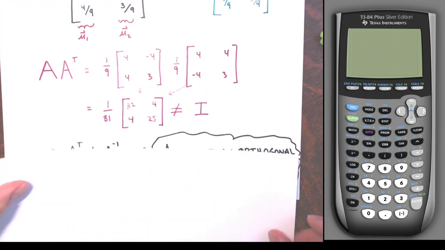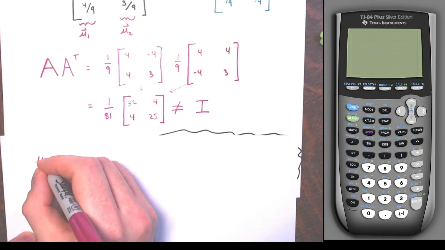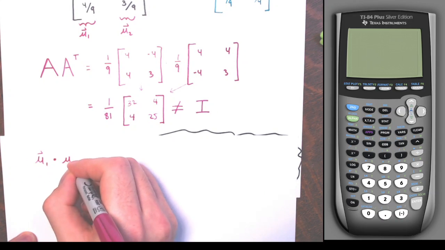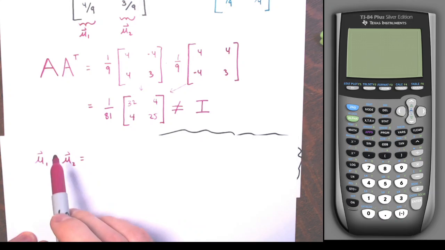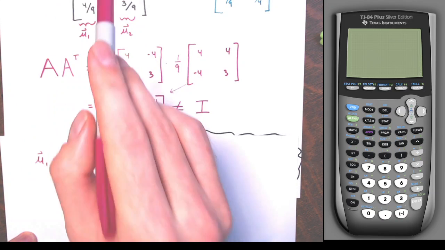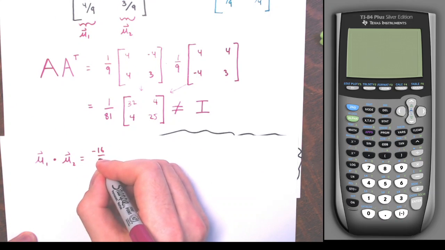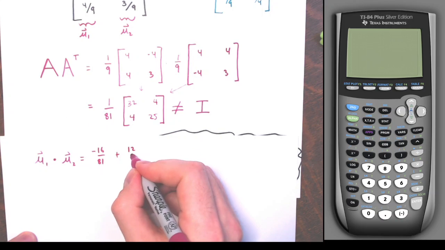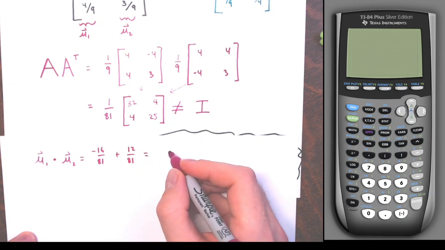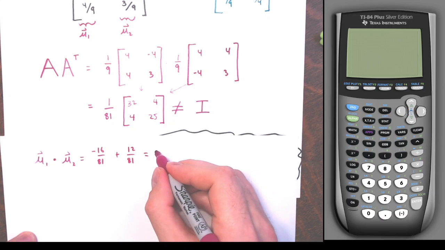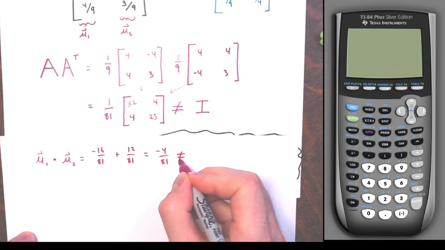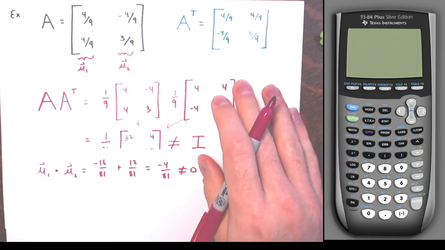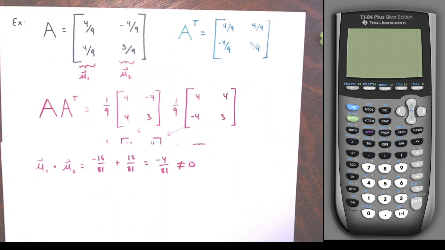Well, that would be 4/9 times -4/9, that'd be -16/81, plus 4/9 times 3/9, which would be 12/81. Putting these together, this is -4/81. This is not 0. That means that the columns do not form an orthonormal set. They're not even an orthogonal set.